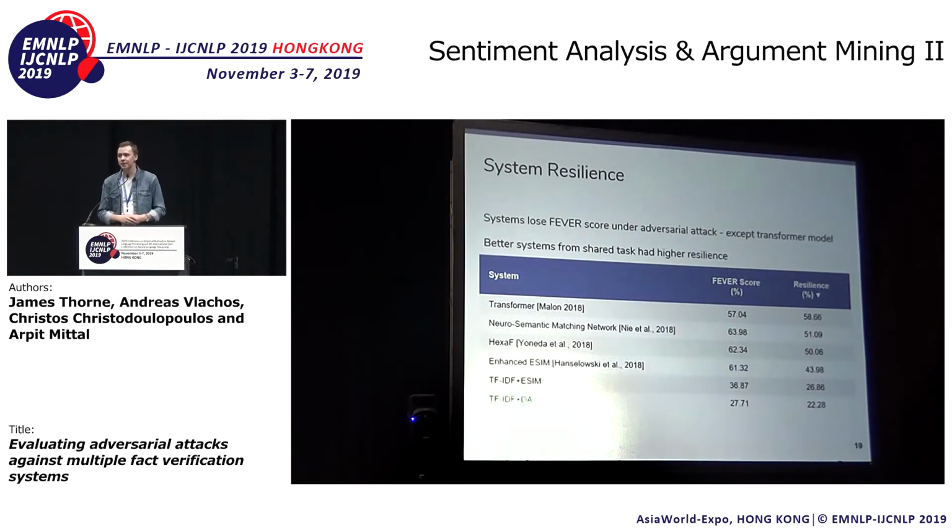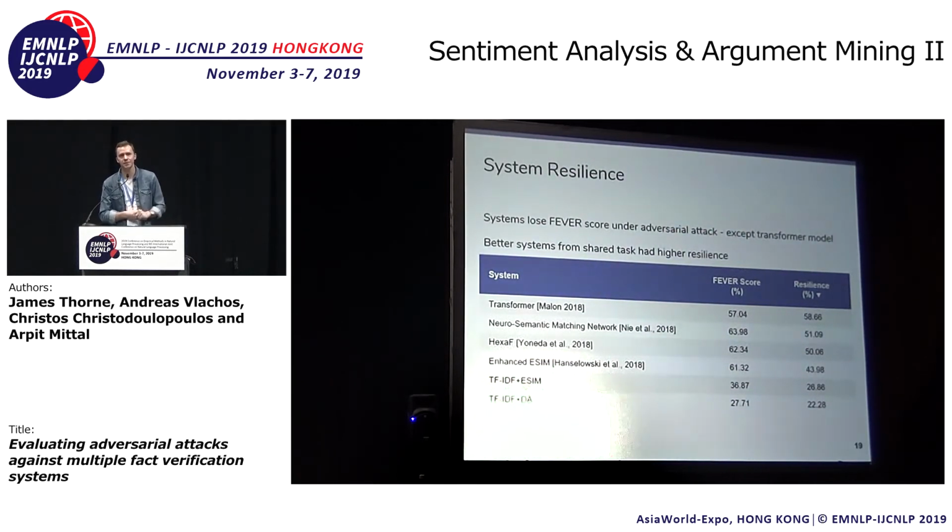Let's move on to system resilience. We firstly indicate the system scores on the first fact extraction and verification shared task in the FEVER score column, and then we evaluate the systems according to resilience. So this is using different data, the data we generated with the adversarial attacks.